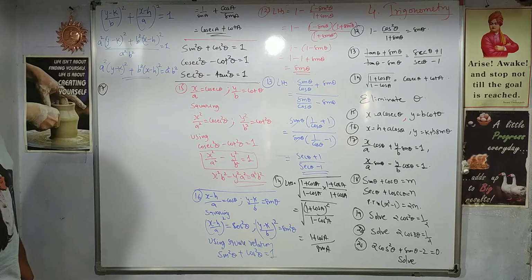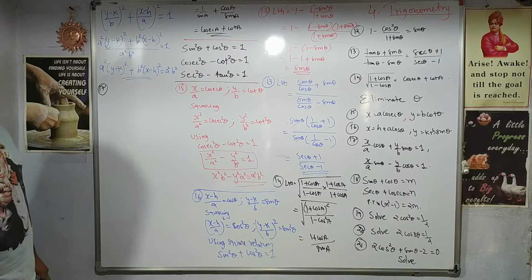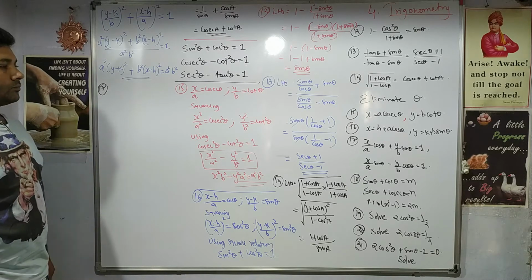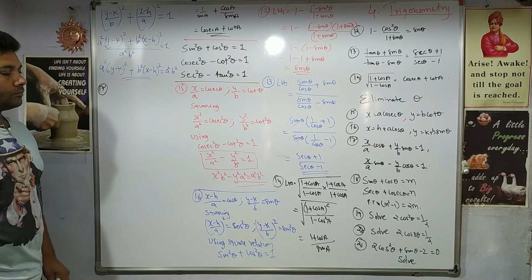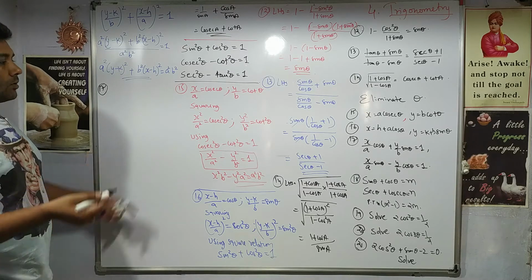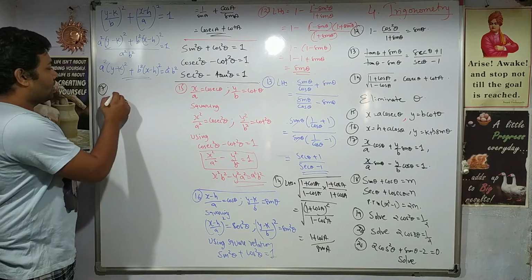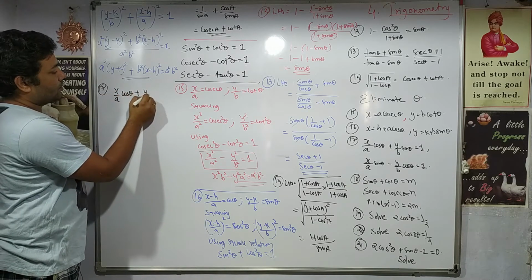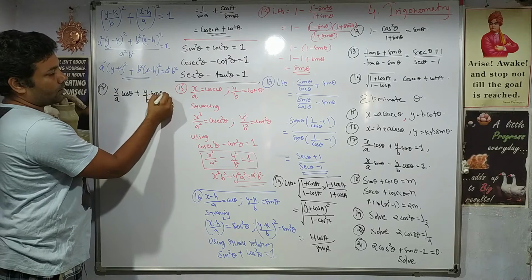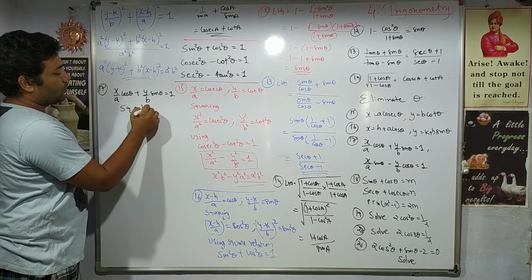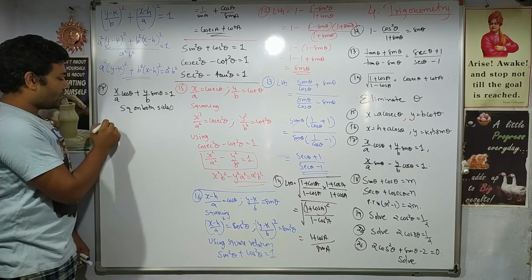So what can we do? Let us do the same thing, squaring. So the first equation, we will square on both sides, and let us simplify.